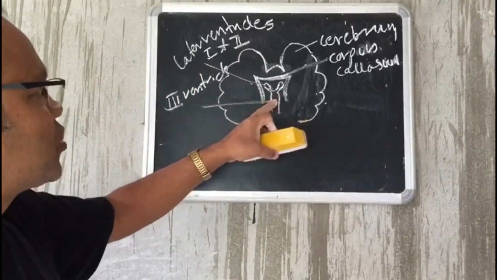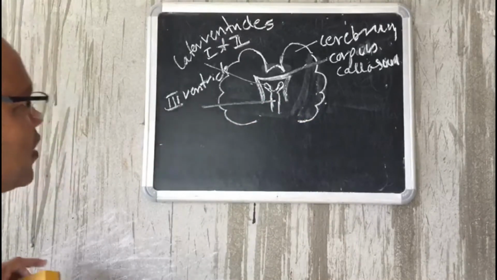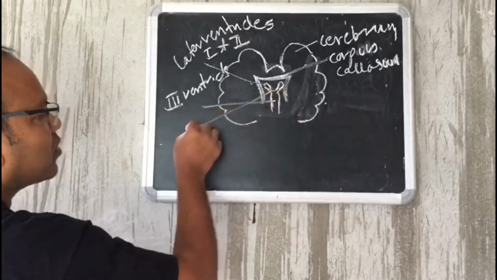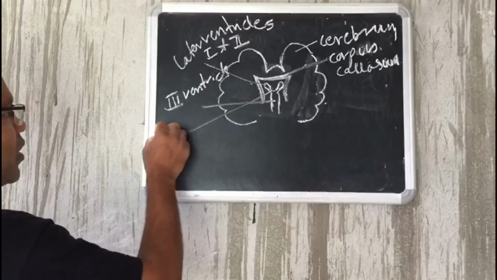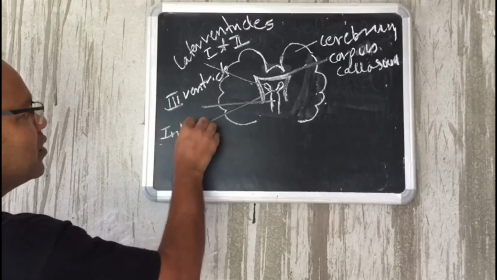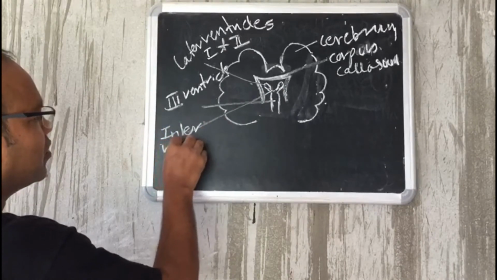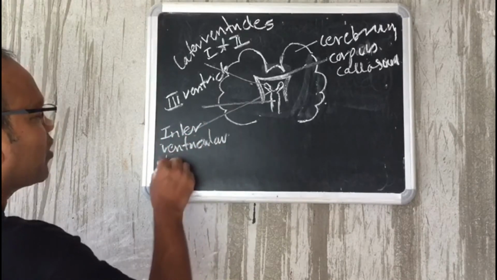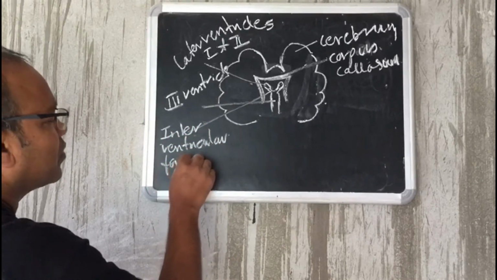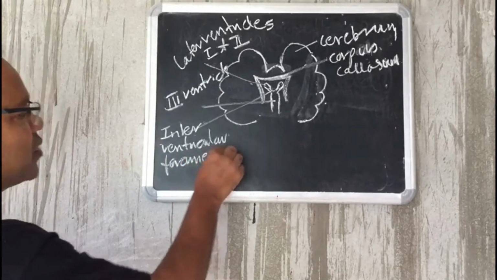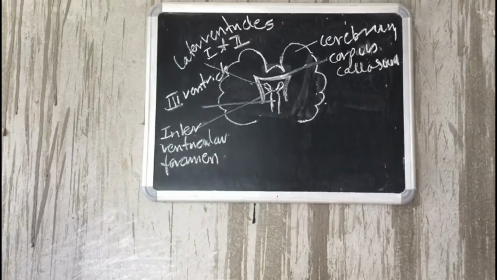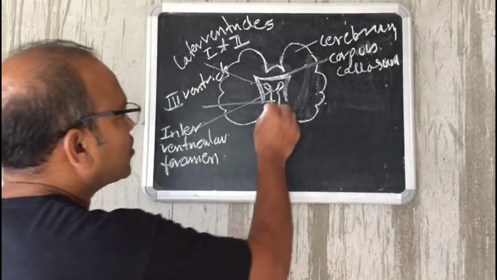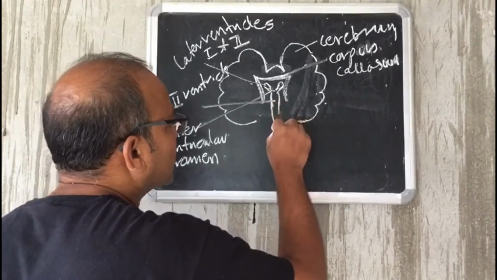The lateral ventricles open up into the 3rd space by a connection called the interventricular foramen.